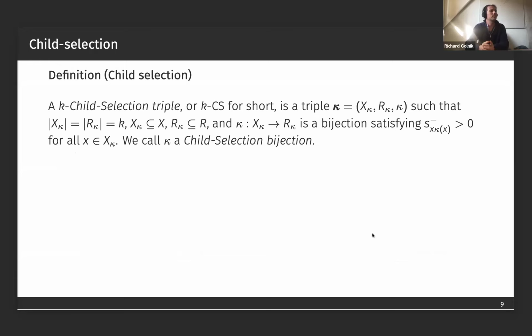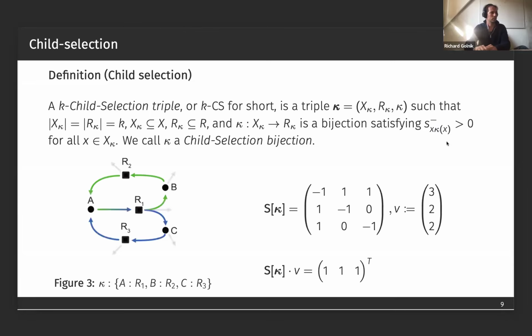A child selection is a triple composed of a subset of the species, a subset of the reactions of identical size, so of size k, and a bijection from the subset of the species into the subset of reactions such that each species chooses a reaction for which it is actually a reactant, so that the stoichiometric coefficient of the species and its image under the bijection is strictly positive. And then we call this a child selection bijection.